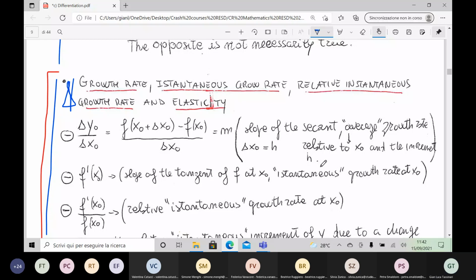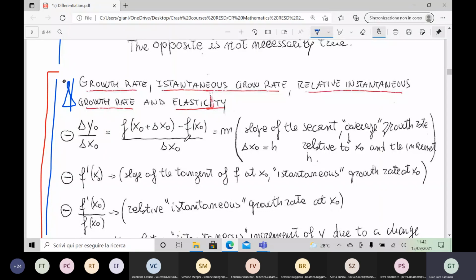What does this mean, average growth rate? It is the average increment of the value of your function for an increment of 1 unit of x, starting from the point x0 and considering an increment of length h. So I repeat, this quantity, you read it on your function, divided by the length of the increment, is the slope of the secant. And what does it represent? The average growth rate of your function relative to the point x0 and the increment delta x0, or increment of length h, which is the same.